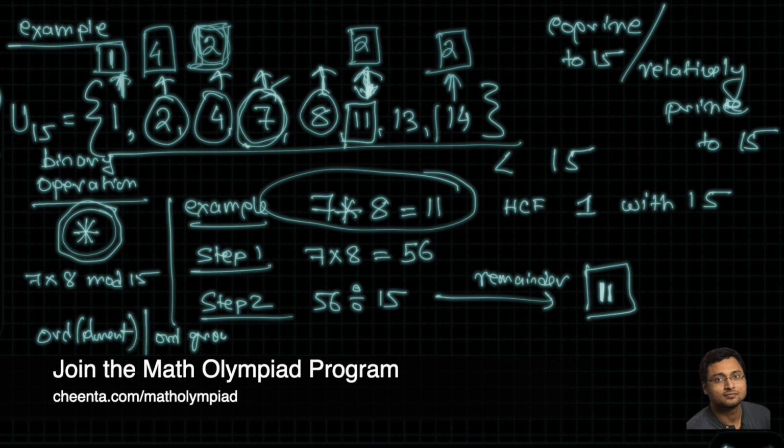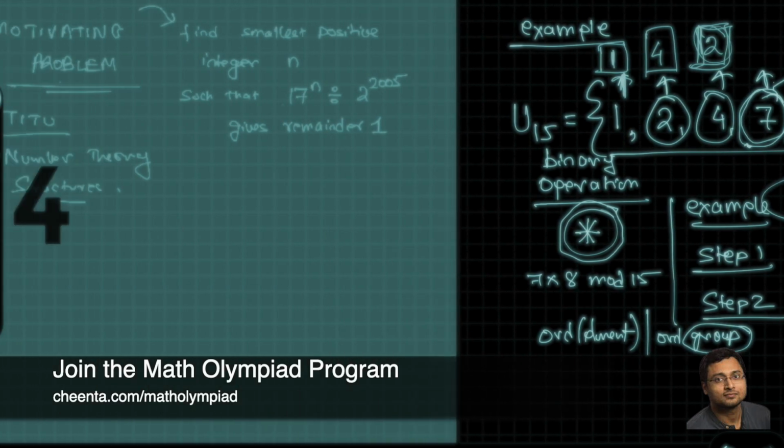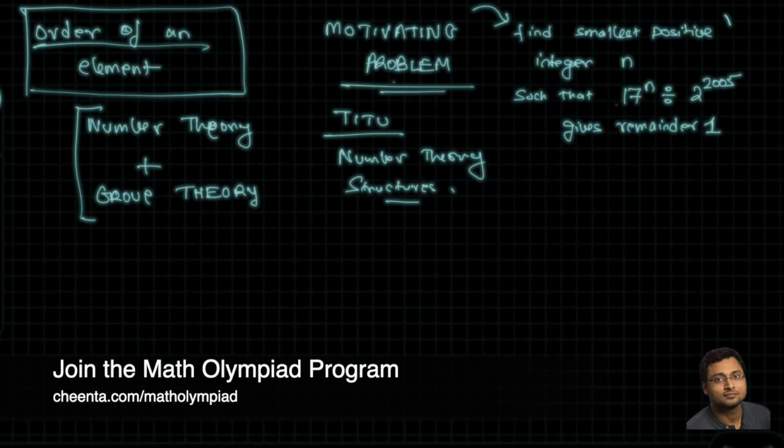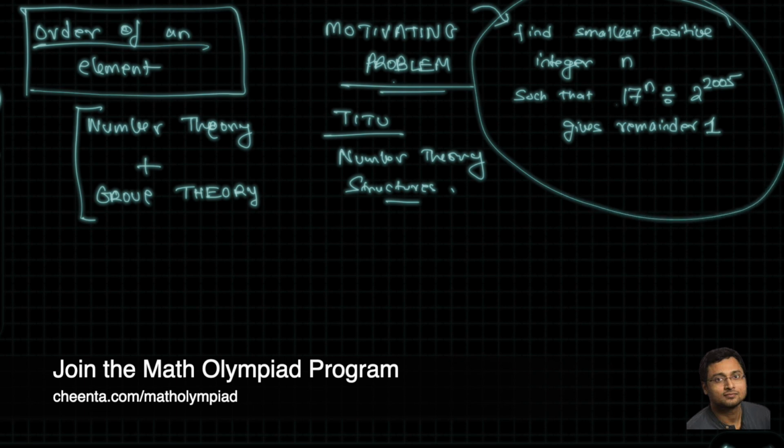That is, order of a group means the number of elements in the group, and that is the main theorem in disguise. So we will be using that result, and we will learn how to solve this particular problem, this motivating problem here, in the next video.